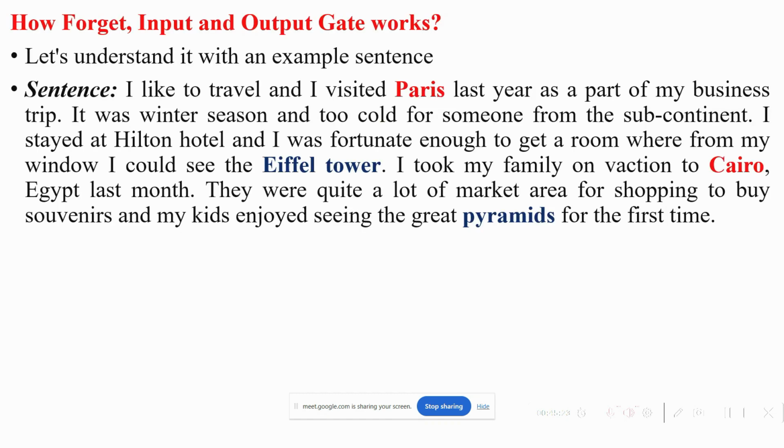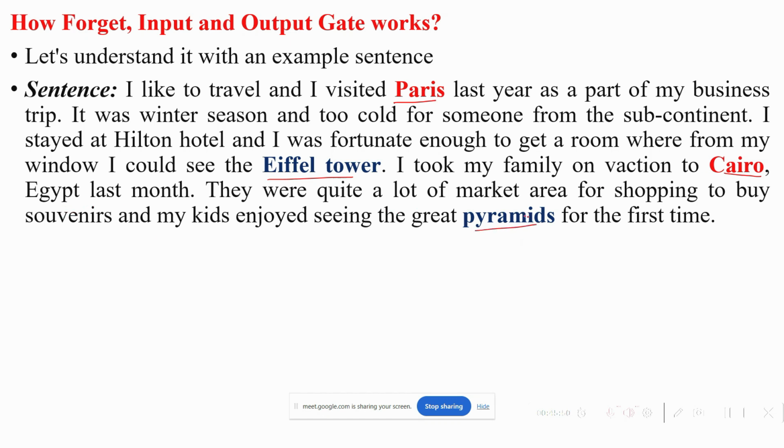Okay, now see this one here. For example, there are some sentences, like one paragraph. I like to travel and I visited Paris last year as a part of my business, like that. Okay, there are some sentences. So here the important keywords are Paris, Eiffel Tower, Cairo, and pyramids.